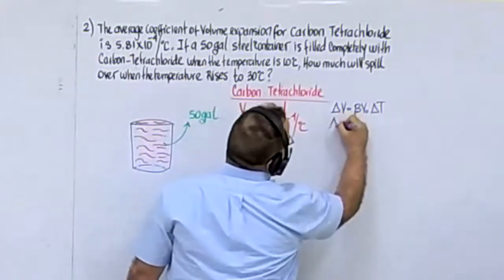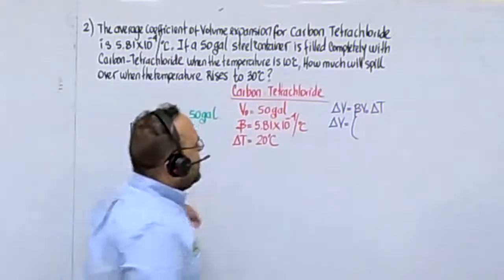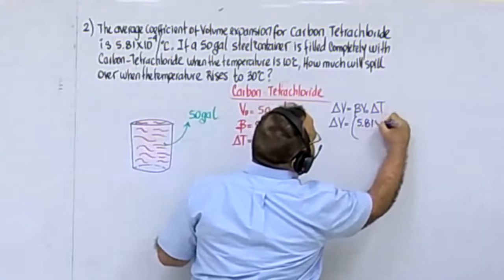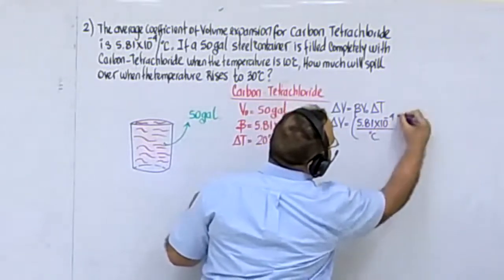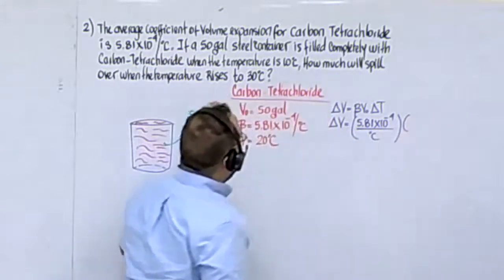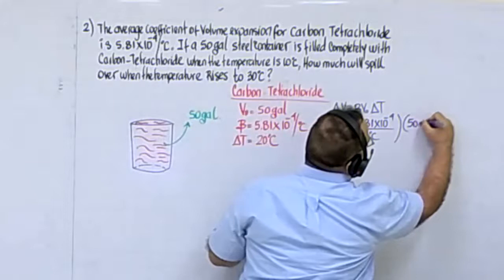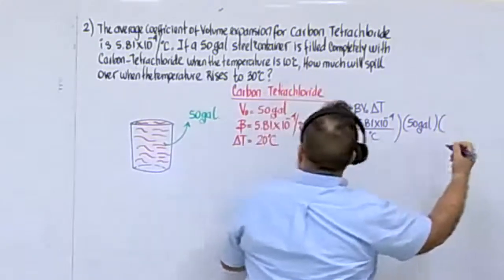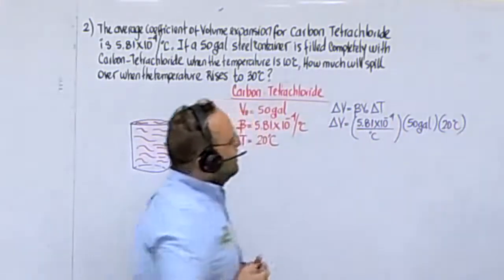For that reason, the change of volume will be the value of beta, 5.81 times 10 to the negative 4 power per Celsius degrees, the original volume, 50 gallons, and the change of temperature, obviously 20 Celsius degrees.